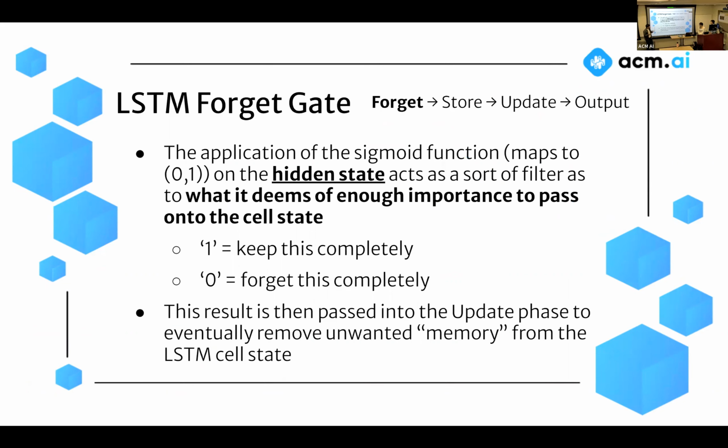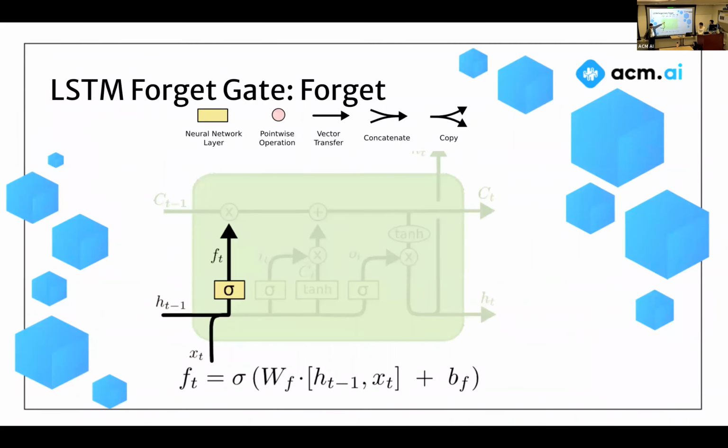Whenever we have an entry that says 1, we keep this bit of information completely, 100%. But when we have something that is 0, we forget this bit of information completely. And the way we manage to do this is by a multiplication, right? You can almost think of this as a mask that says, if it's 1, remember this bit of information. If it's 0, forget this bit of information.